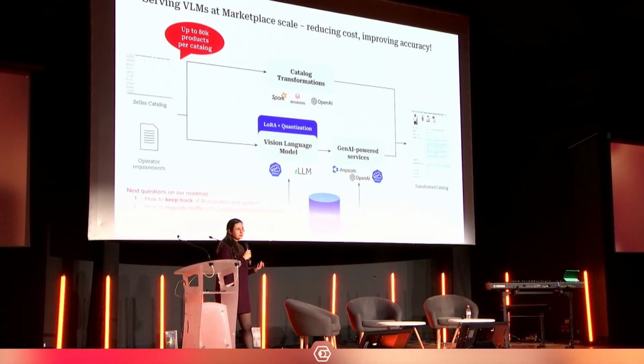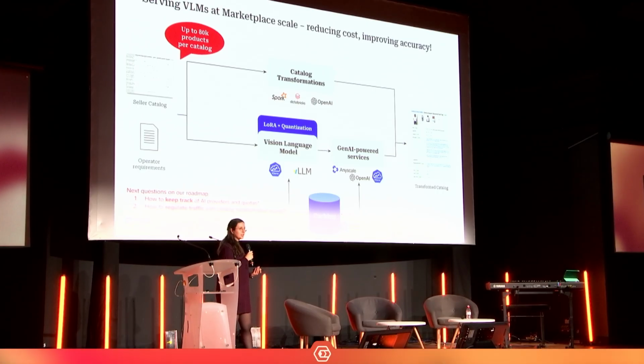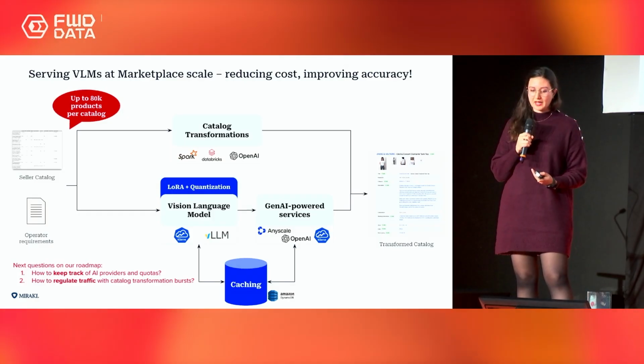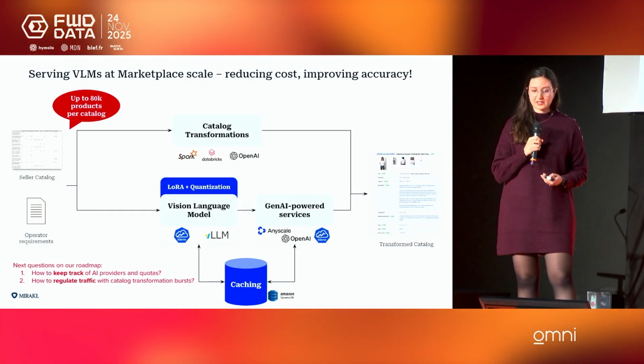Making the GPUs scale as fast as the incoming catalogs and the incoming volume of data is a bit hard to maintain. So how do we regulate traffic? How do we anticipate the demand? And how do we make sure that we have a good customer experience at the end?